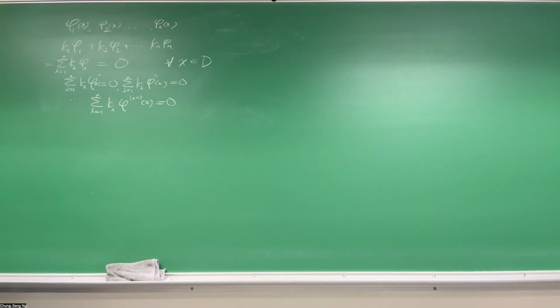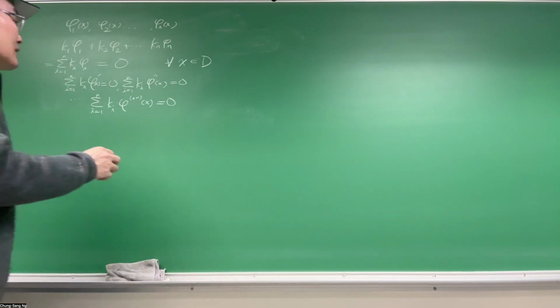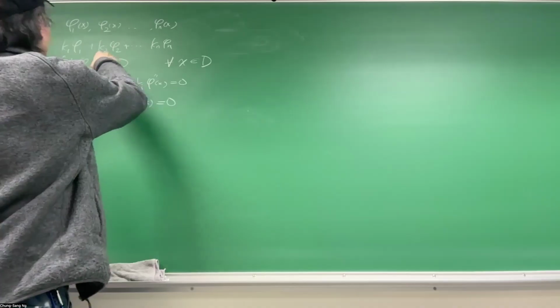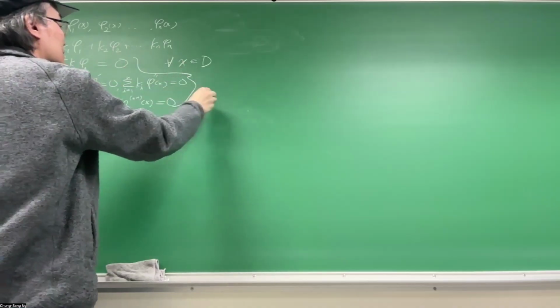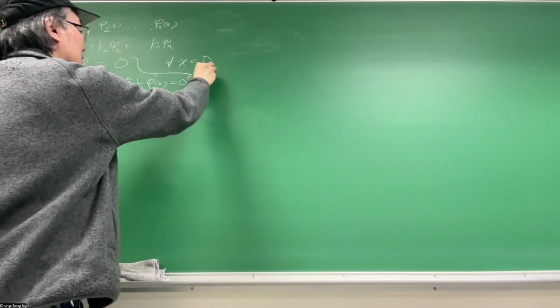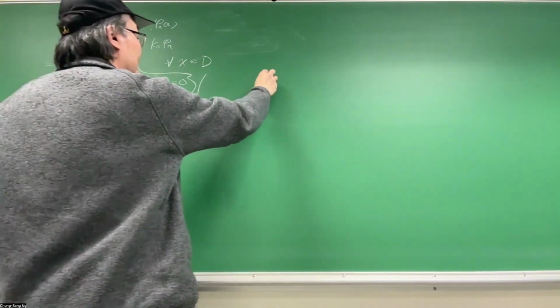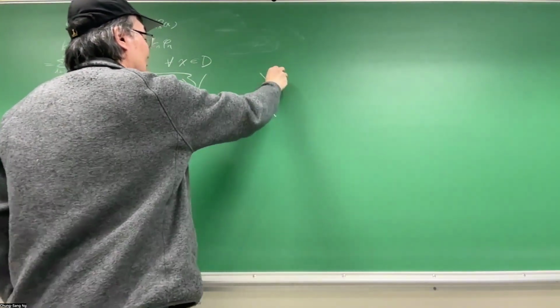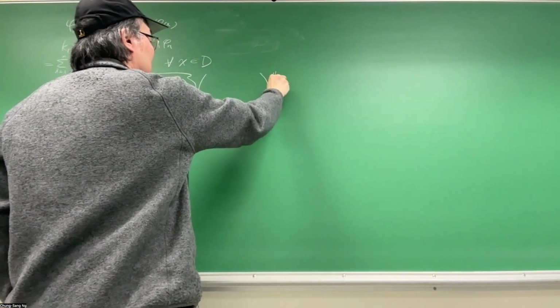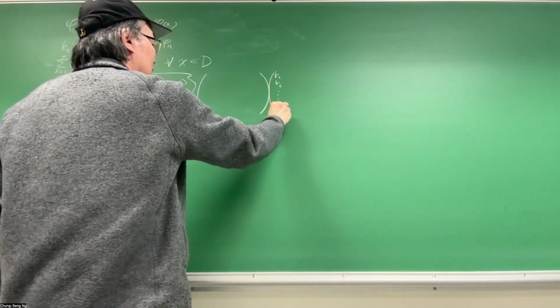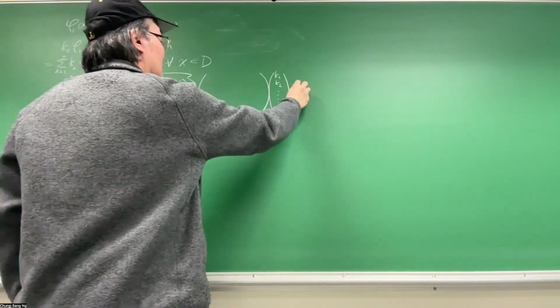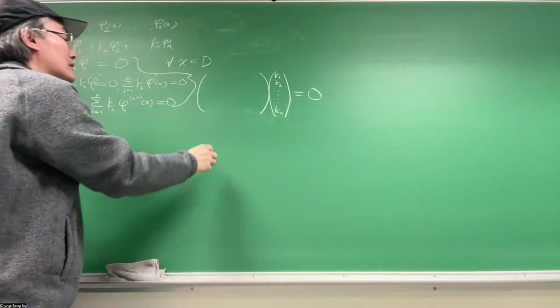It's straightforward. Now to get the condition, first you can write all these equations as a matrix equation. You want to solve for k sub 1, k sub 2, all the way to k sub n, and the right-hand side is 0.